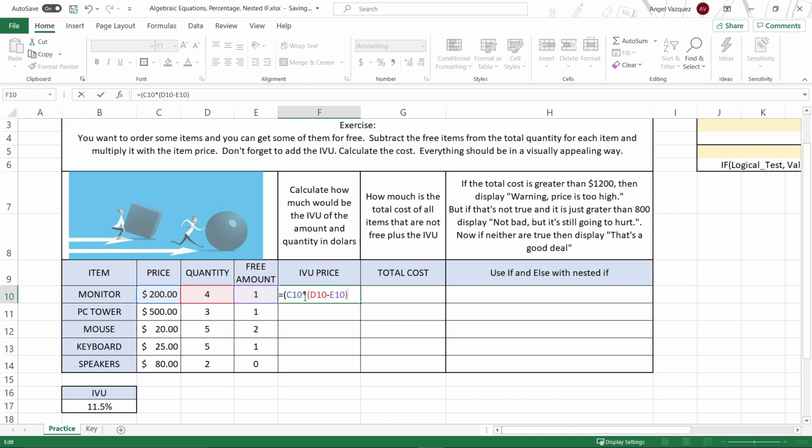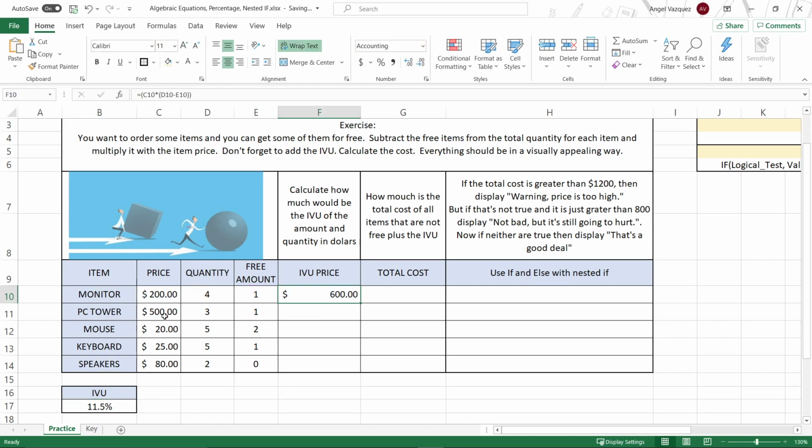If we follow the algebraic order, we have 4 minus 1, and then that result, which would be 3, we multiply by 200 right here. Now, after we have that, this whole result will be multiplied by this one, the EVU.